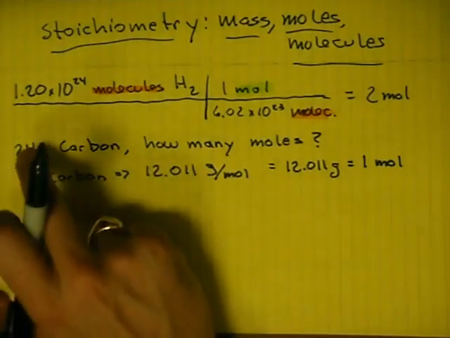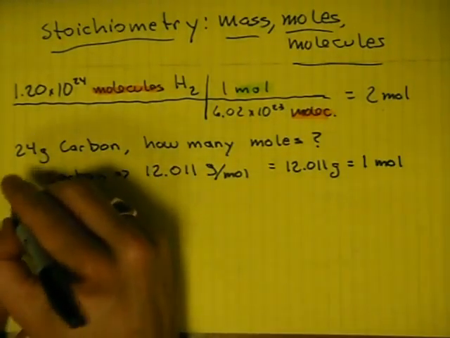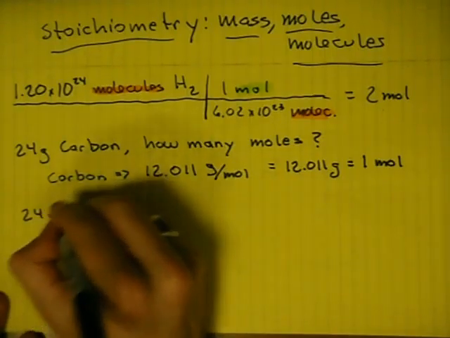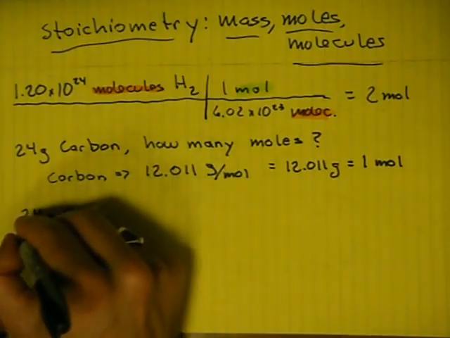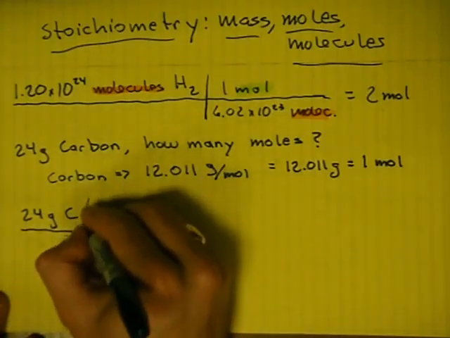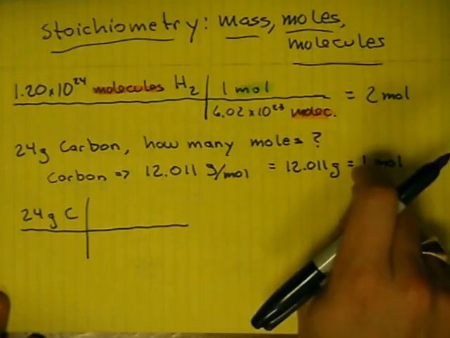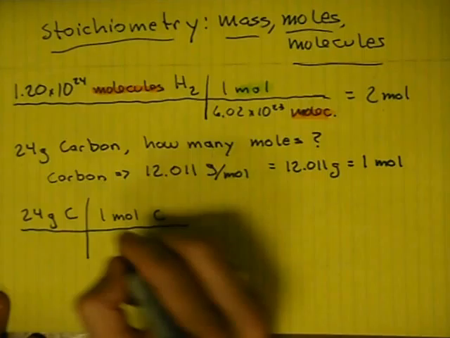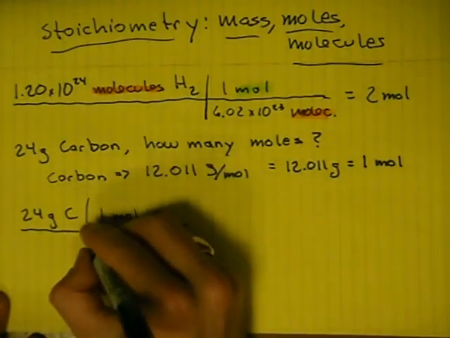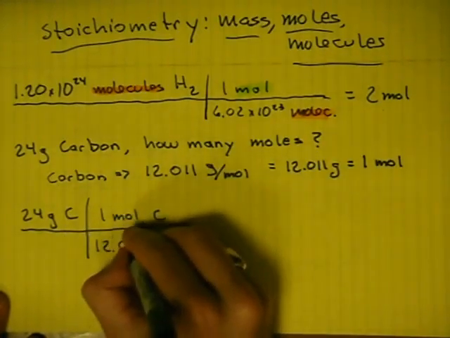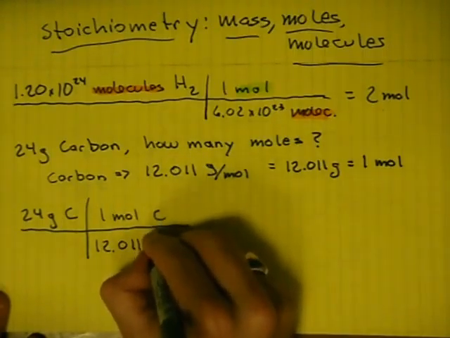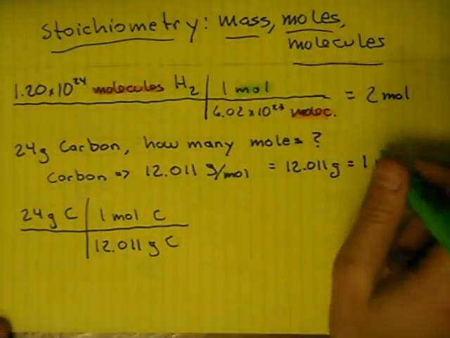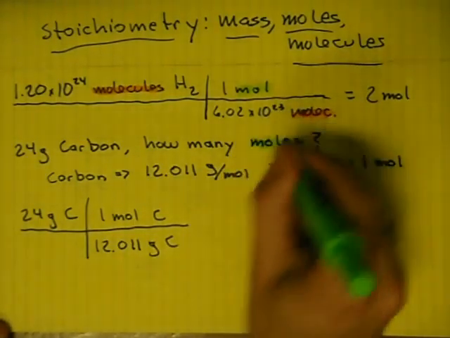So you can go back and start with what we have, 24 grams of carbon. We're trying to find moles. So 1 mole of carbon is equal to 12.011 grams of carbon. Here, moles, which is what we're trying to find, we put up top.